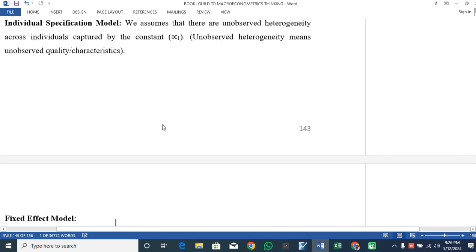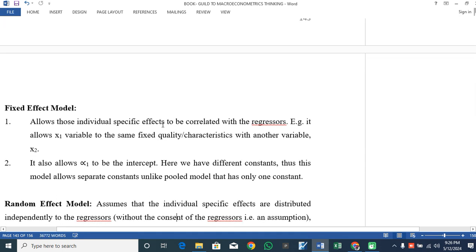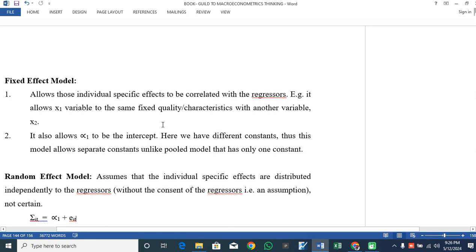Then the next dimension of panel data I want us to look at is the fixed effects model. The fixed effects model allows those individual specific effects to be correlated with the regressors. For example, it allows one variable to be correlated with other characteristics or variables in the model.